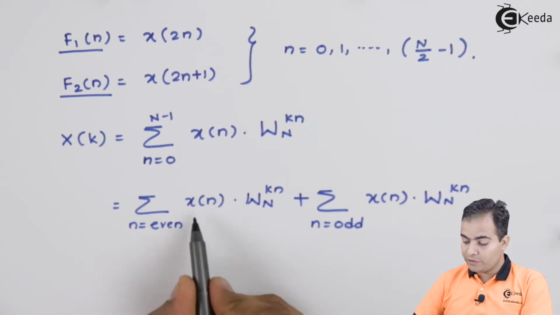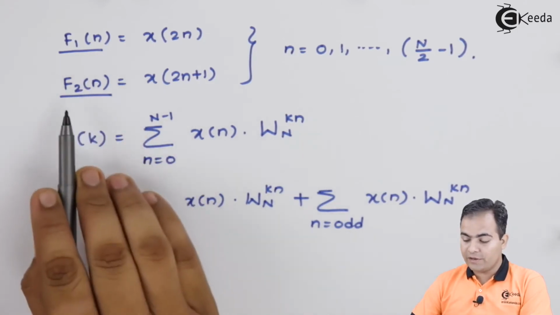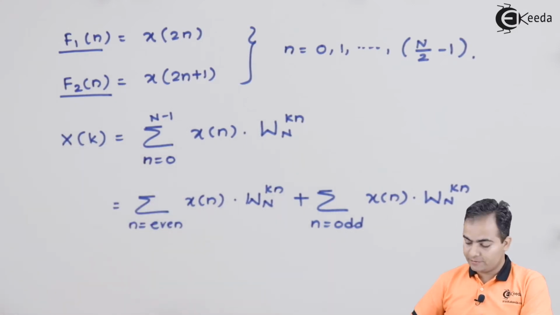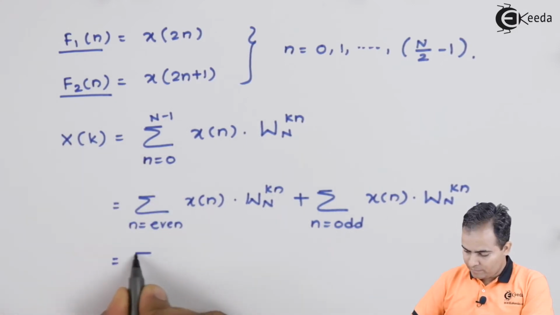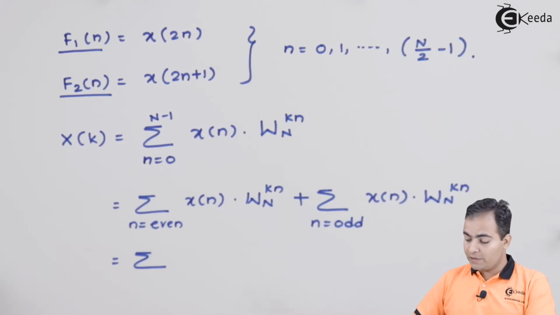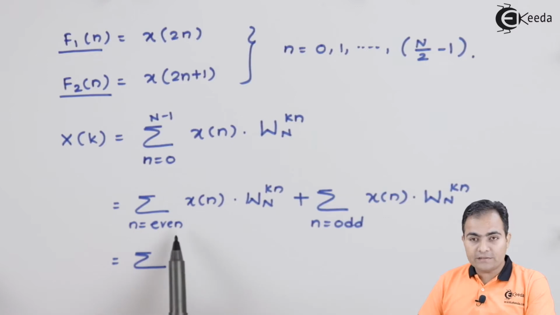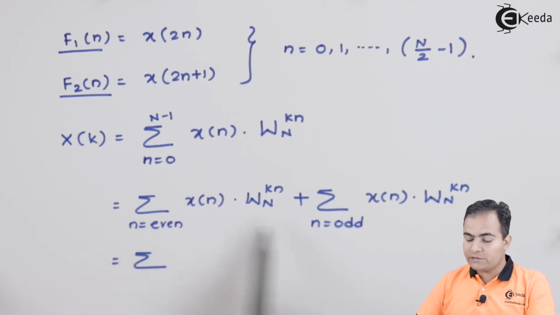Now, I'm going to substitute my f1 of n and f2 of n, that is my x of n values, in these two summations.